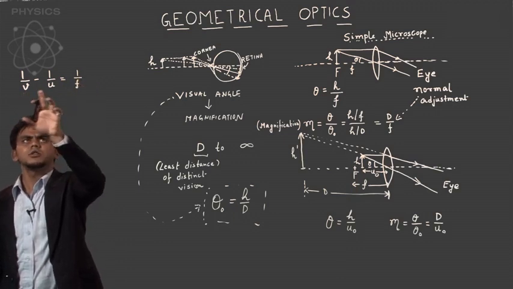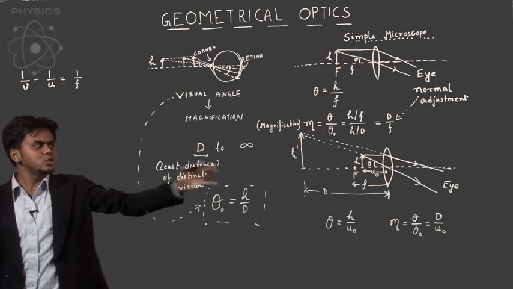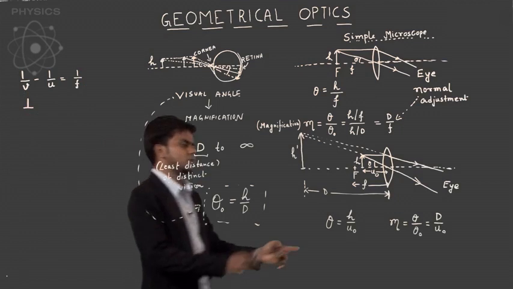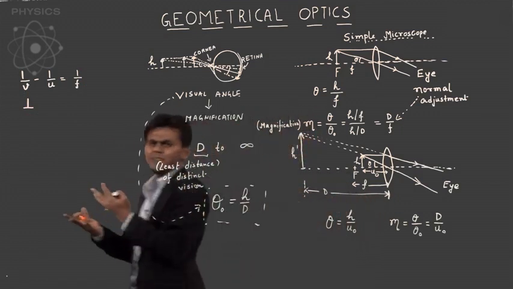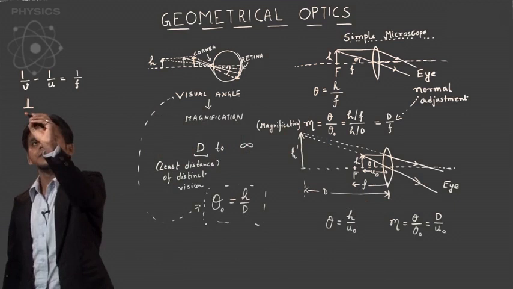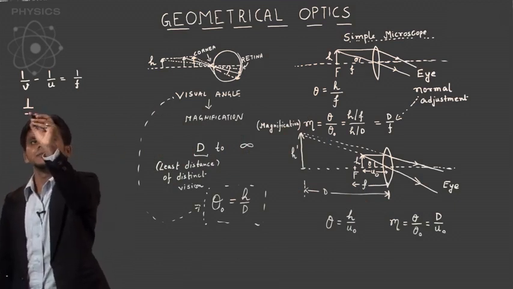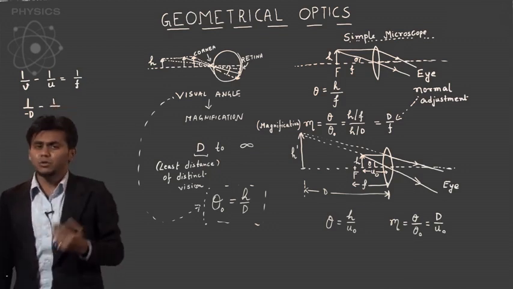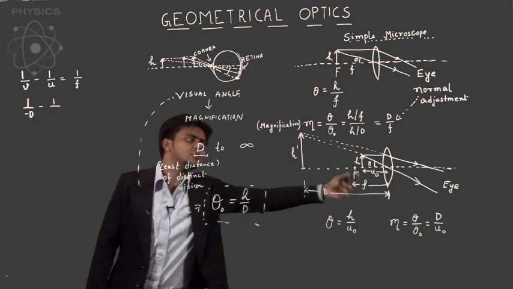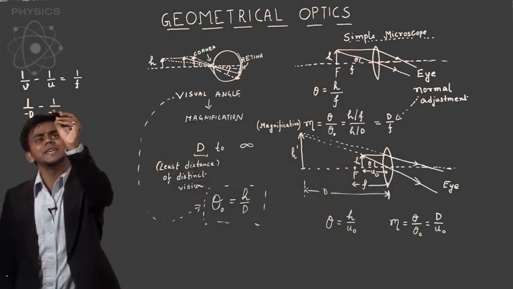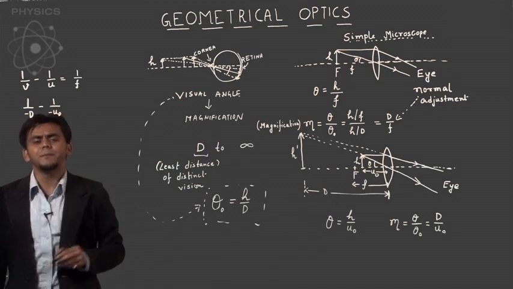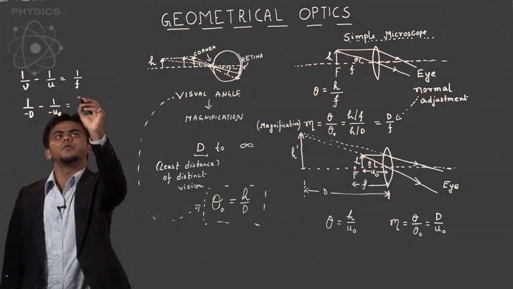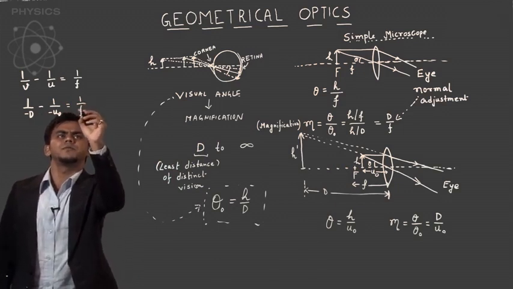This is image distance, object distance, and focal length. Now in this situation, I know that my v is d with a negative sign because it's to the left of the optical center, the opposite direction of ray travel. What exactly is u? Again, u also is of a negative nature, so minus u naught. u naught is not with sign convention, it is just a number, so I'll have to use a sign convention for that. And as this is a converging lens, the focal length has to be positive.